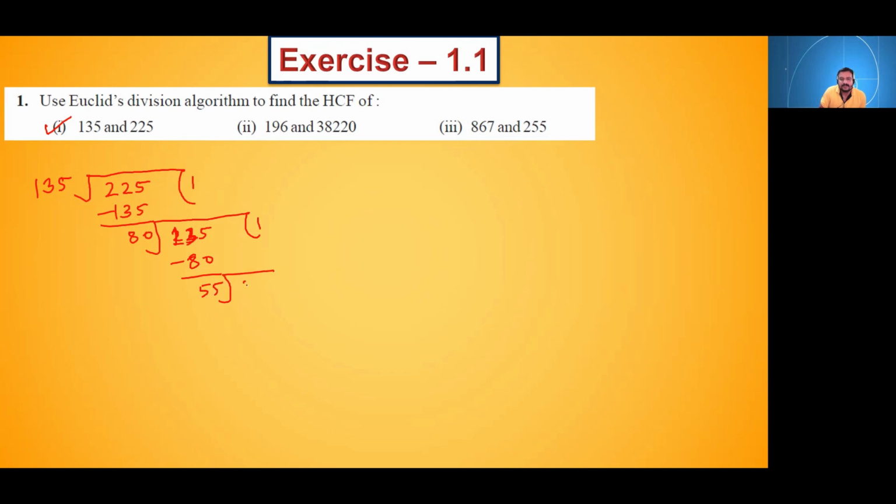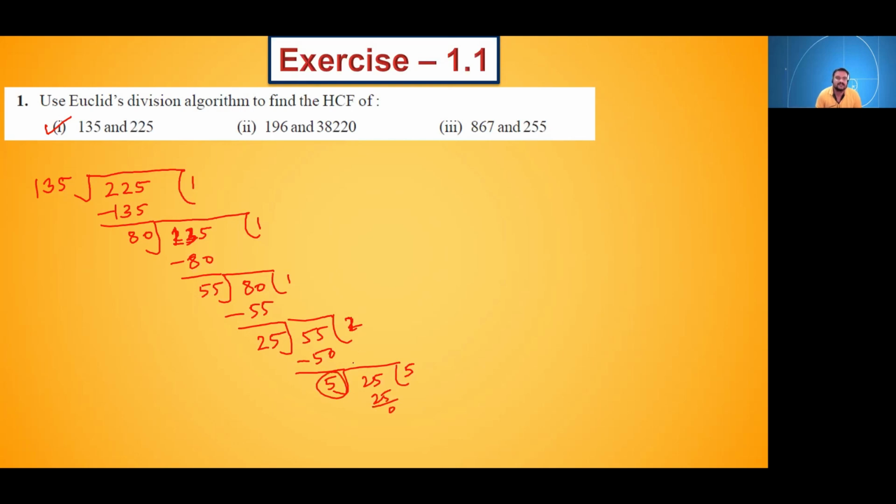Now 80 will come here. 1 is 55, minus, 5 plus 20, so 25. Now this 55 will come here. 2 is 50. So 5 is remaining. Next 25 will come here. 5 is 25. Remainder will be 0.